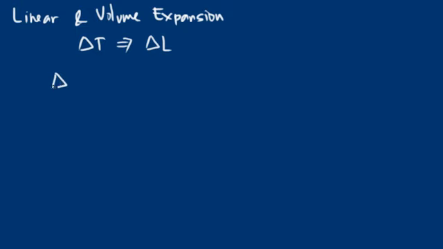We have the change in length is equal to alpha times the initial length of the object, L sub I, multiplied by the change in temperature. Let me write that down.